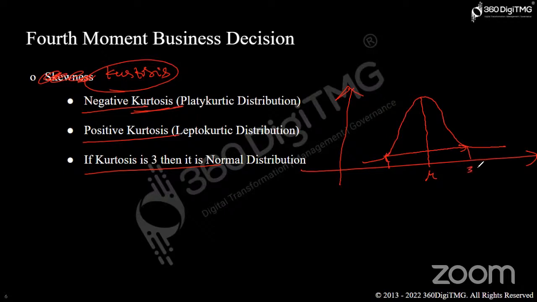And this will be 3 times the standard deviation. So this is 1, 2, and this is 3. So this is the mean value. And this we call normal distribution. Now, I'll just write one more graph like this.